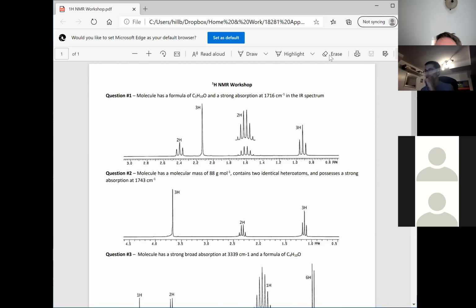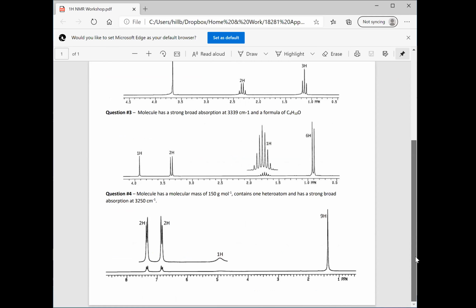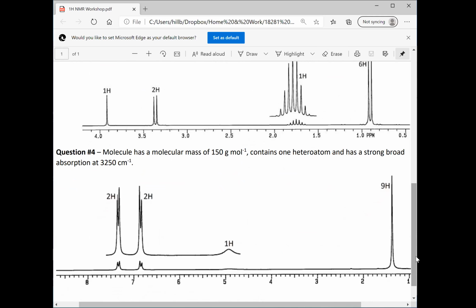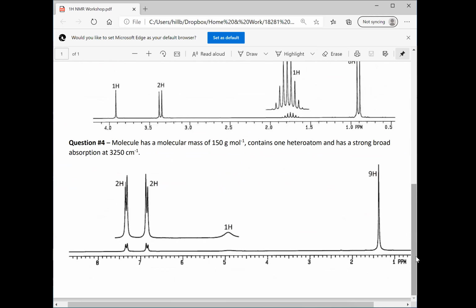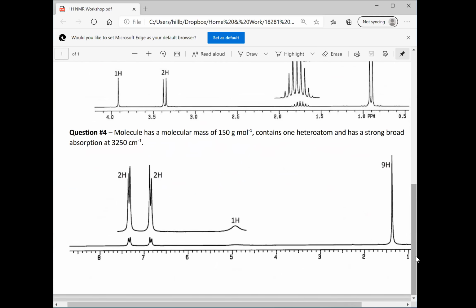Alrighty, here we go. So question 4 at the bottom here. Let's see if we can make this bigger. Okay, so what's going to be the first step?